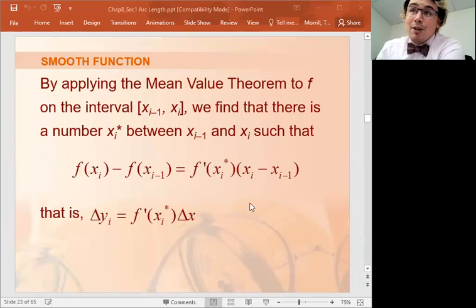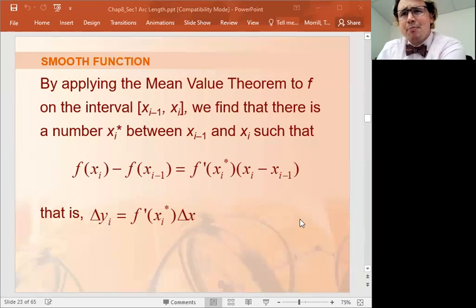And if this function is differentiable, then the mean value theorem tells me that there's some test point, maybe I'll call it x star, so that the derivative of the function at exactly the coordinate x star solves this equation: delta y equals my derivative times delta x.